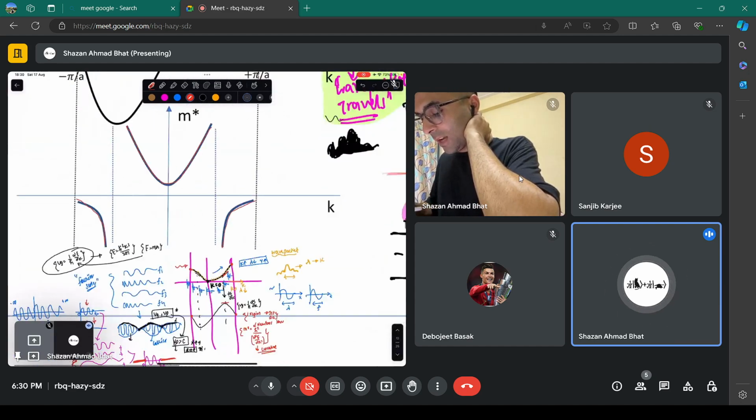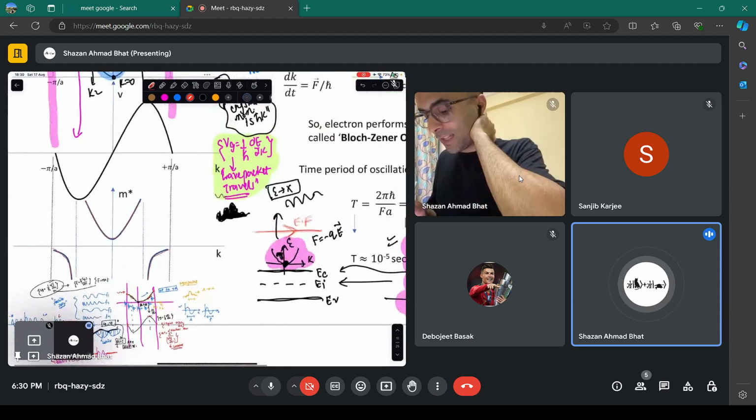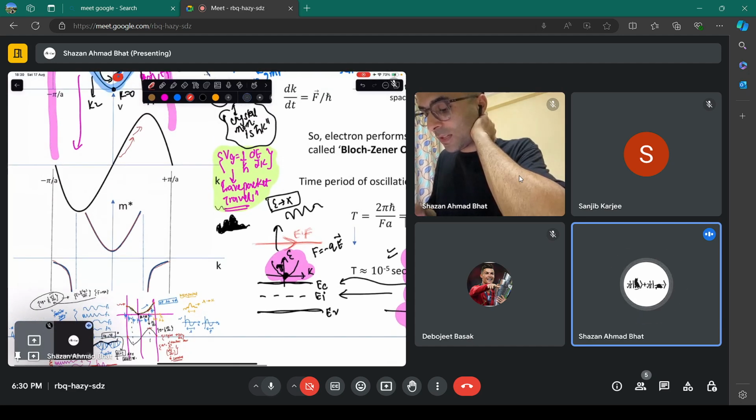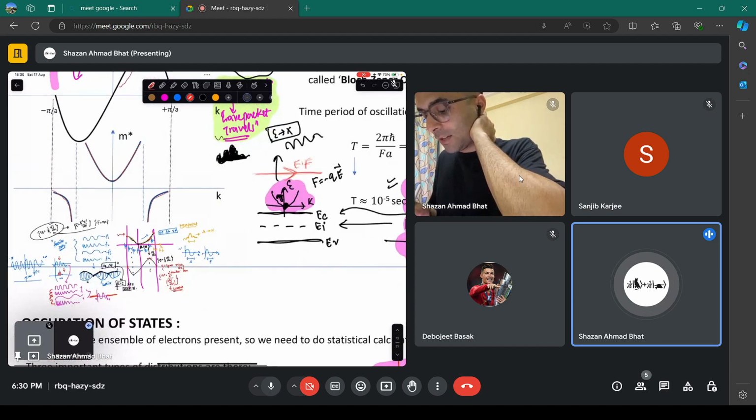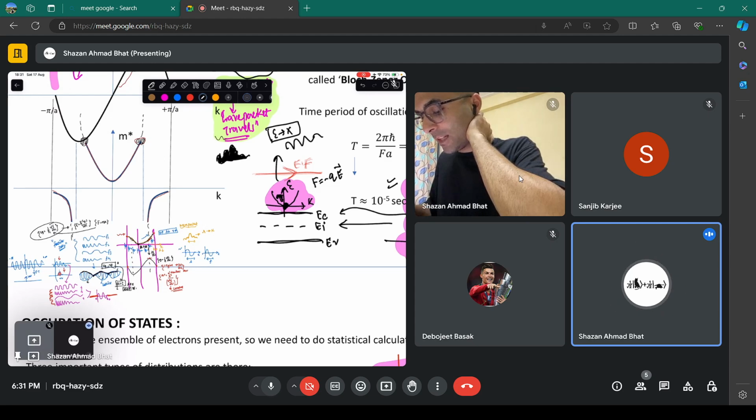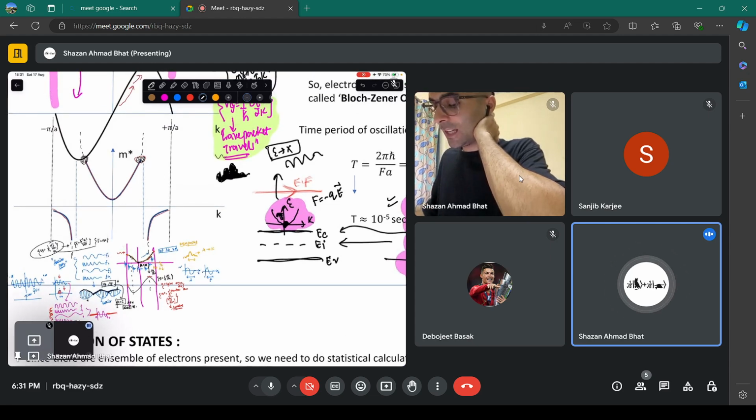That means as the electron is going higher and higher in the parabola, its velocity reaches maximum and its mass almost becomes infinite. This is the asymptote, almost, I should say. These are asymptotes. These are not touching the axis. So it becomes heavier and heavier as it goes up the parabola, and the electron's motion gets impeded as it goes above and above.